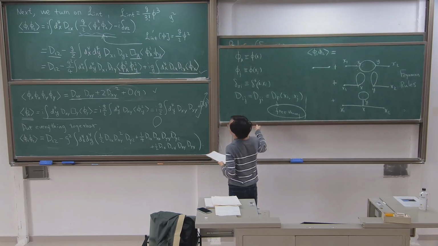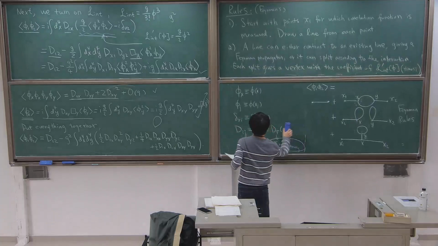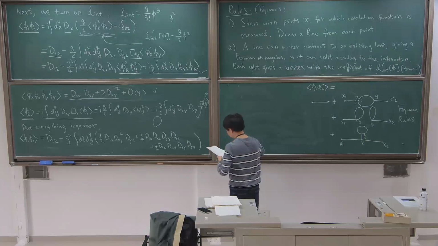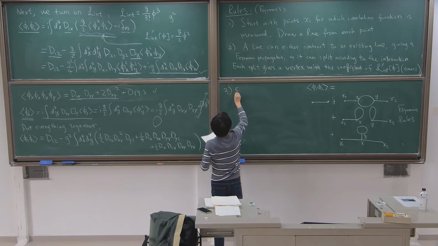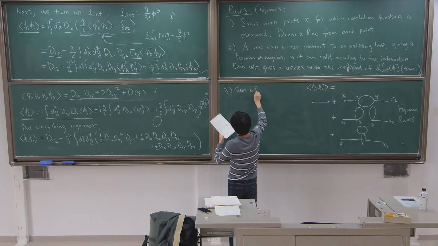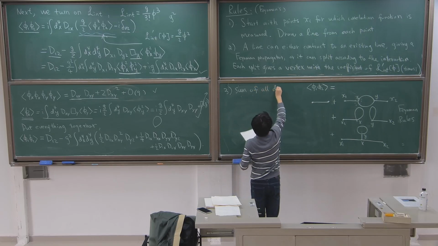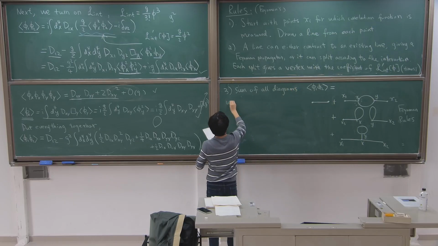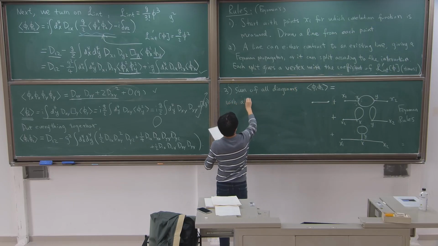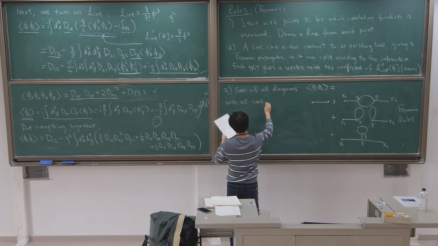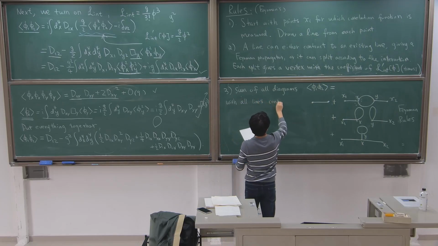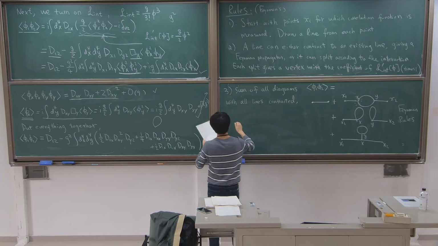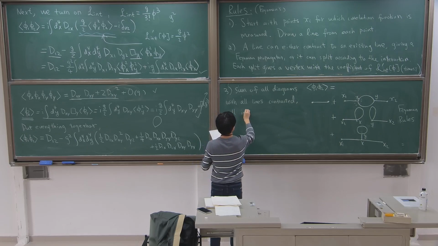Now the rule number 3. We should sum all diagrams with all lines contracted, all internal.